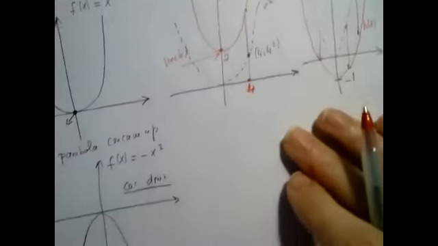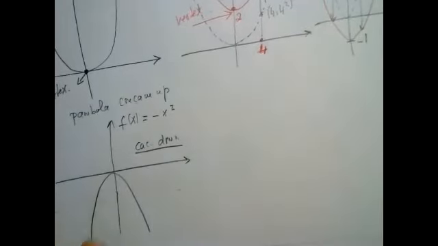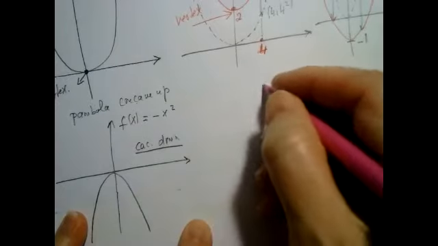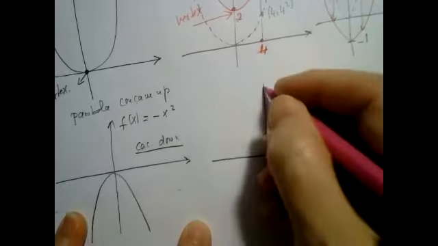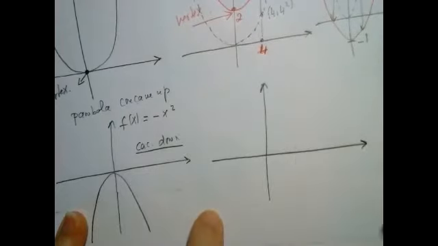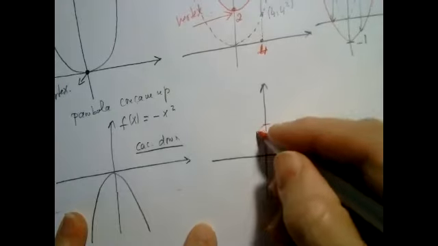Now, whatever I did here, I can do for minus x squared. So this is minus x squared. I can also create another function, verbatim the same. Suppose I take a function like that.